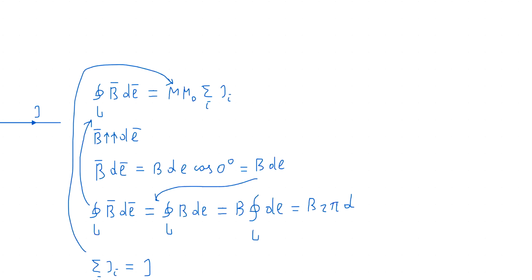So we will have B multiplied by 2 pi d, and this will be mu 0 and I, the electric current. Here we have the electric current.